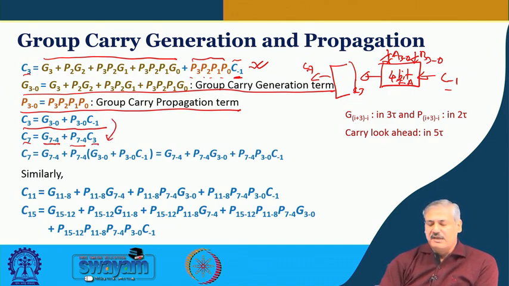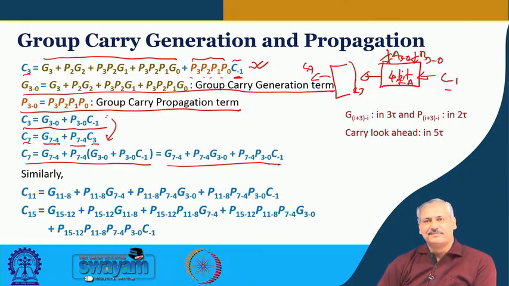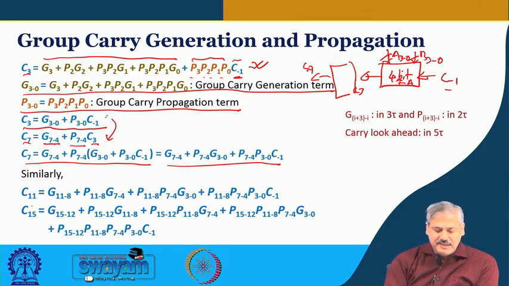For the next particular block we can write it in this manner. Now, this C3 we can substitute from the previous equation over here and then expand it. This is again identical to the treatment that we had when we developed the fast adder. So, that way we can go on doing it for the next stage and the next stage and so on.